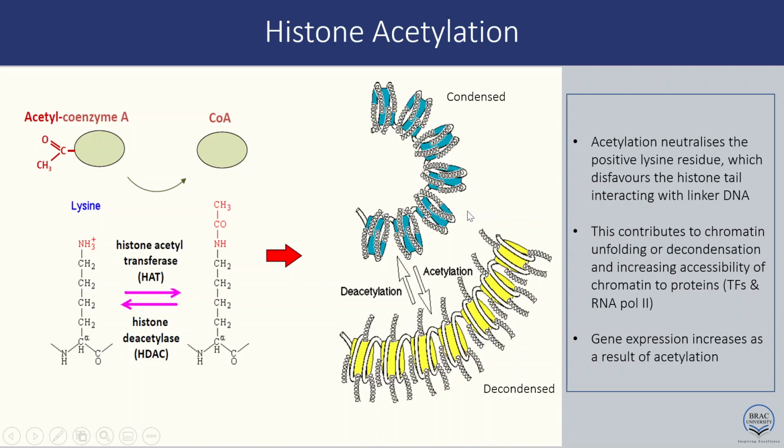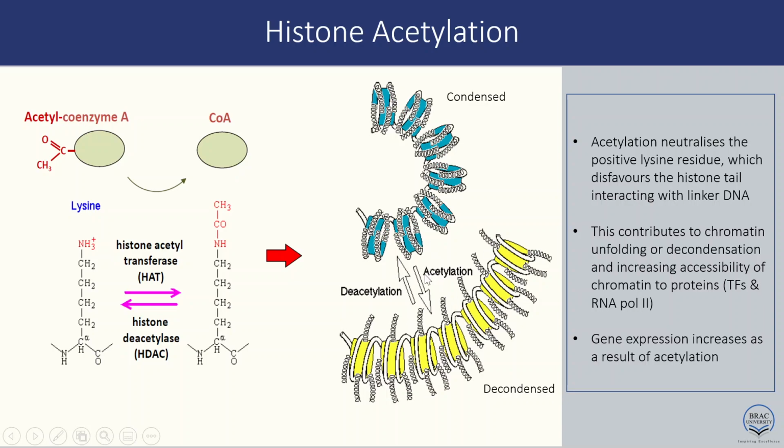In this figure there are two states of the chromatin or histone proteins. The upper state is the tightly packaged or condensed state, and the lower is the relaxed or loosely bound state. Why is this happening when the histone proteins are acetylated?